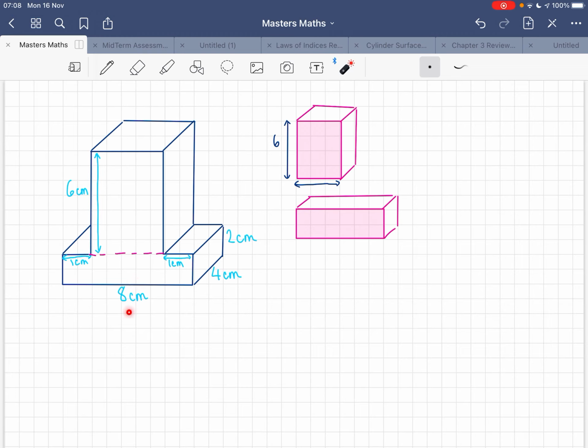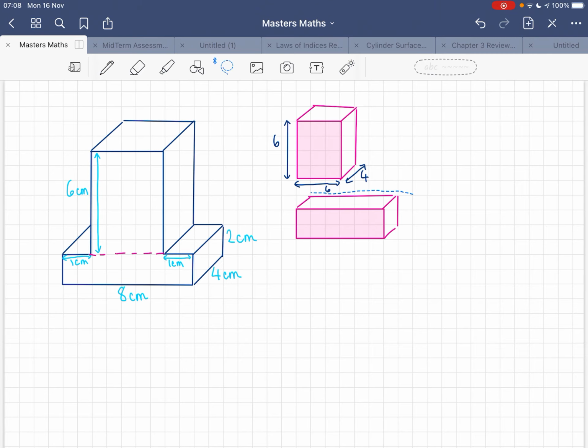So to work out the length of this part, we need to take that 8 and subtract the 2 ones from it. So this length here would be 8 take away 2, which is 6 as well. And then the depth, or the width, the length, whatever you want to call it, this dimension would be 4, because this is the same all the way. So all of these lines here would be 4.